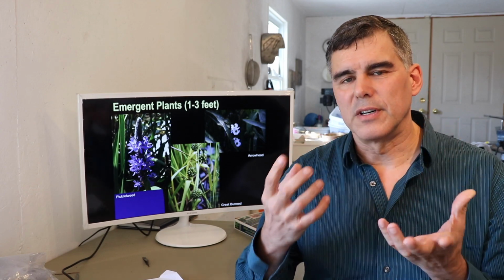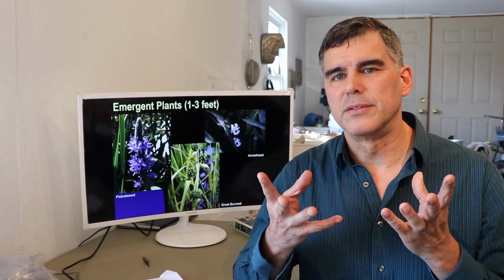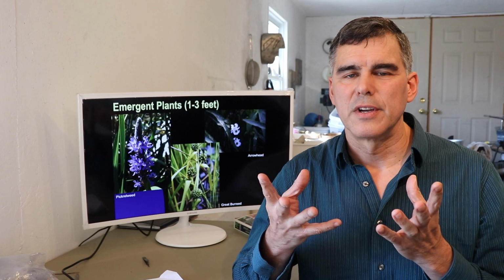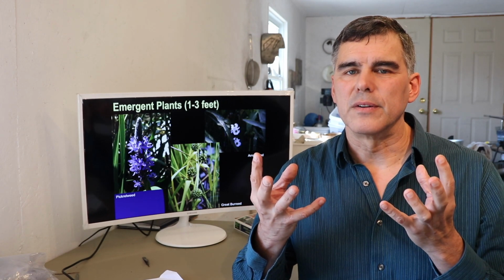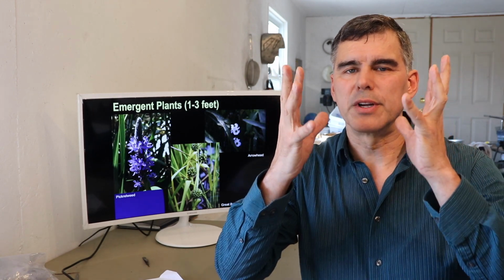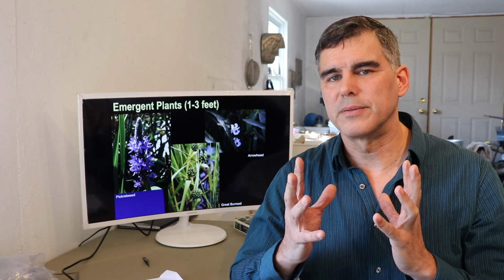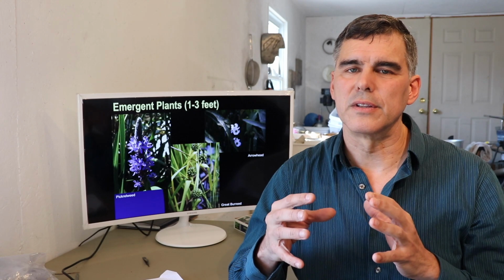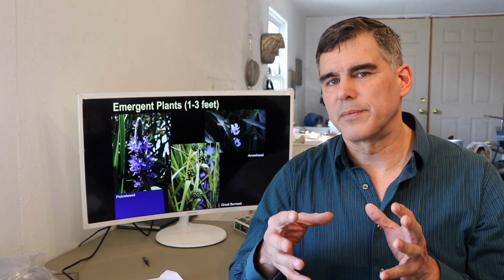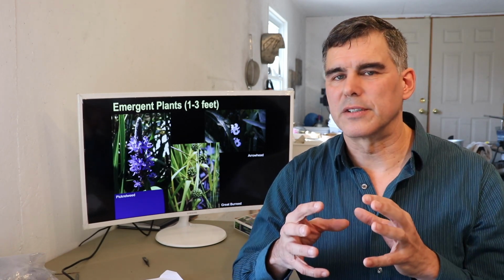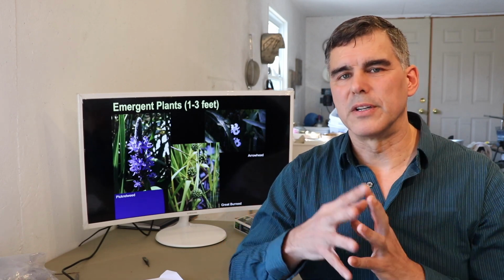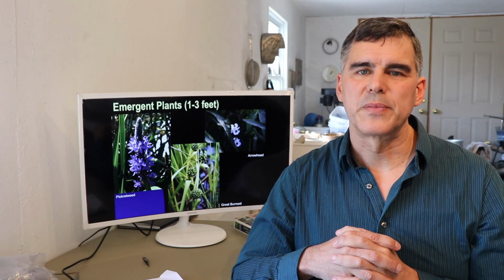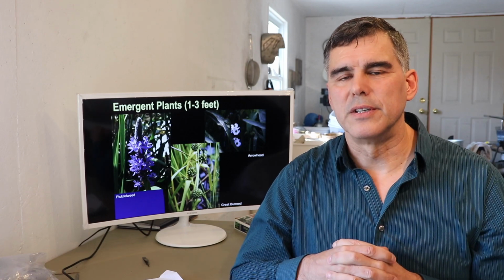You have a huge diversity of different emergent species, and what they do is they bring oxygen down into the root system, and they allow the bacteria and fungus that are in the water and in the soil to thrive and break down toxic chemicals. They're pumping all that oxygen up and down through their system, so it really makes the ecosystem thrive.